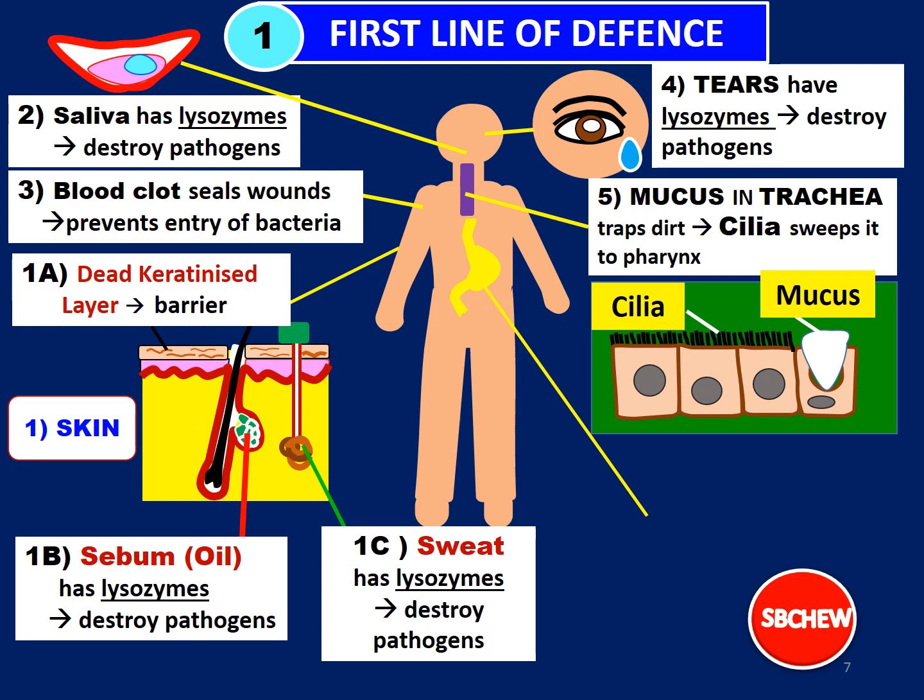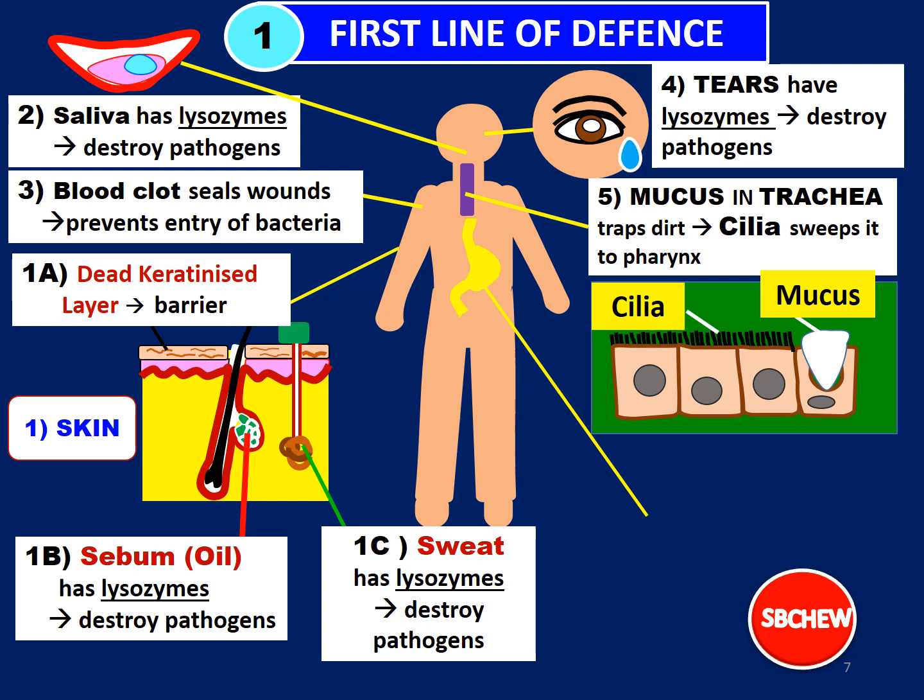After that, the second type of epithelial cell, which contains cilia, will act. Cilia are the tiny hair-like projections on the surface of the epithelial cells, and they act like a broom to sweep the mucus containing the dust particles and bacteria or pathogens to the pharynx near the mouth.